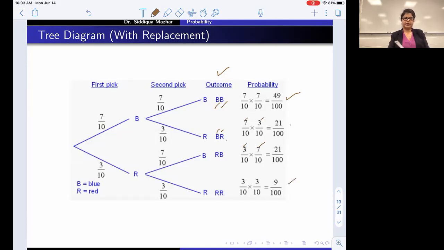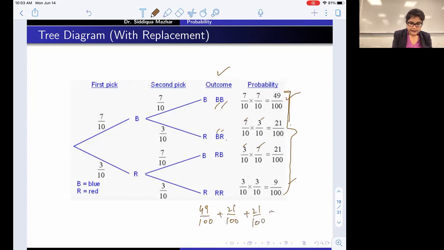One thing is very important here for you to check whether you have done these experiments correctly, to make sure that you are making those branches correctly. This is very important, listen carefully. If you add all these 4 probabilities, 49 by 100 plus 21 by 100 plus 21 by 100 plus 9 by 100, then it has to be 100 by 100.